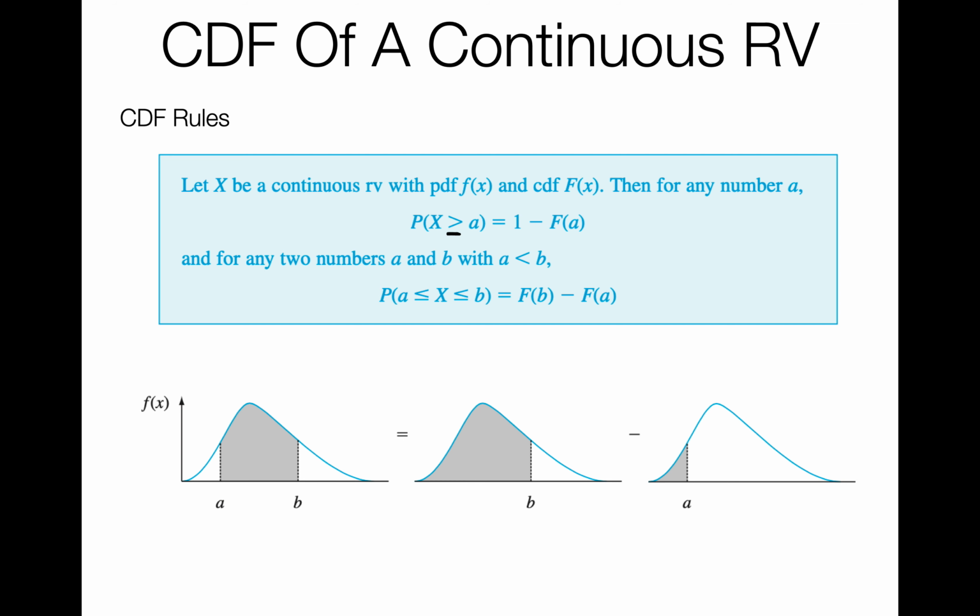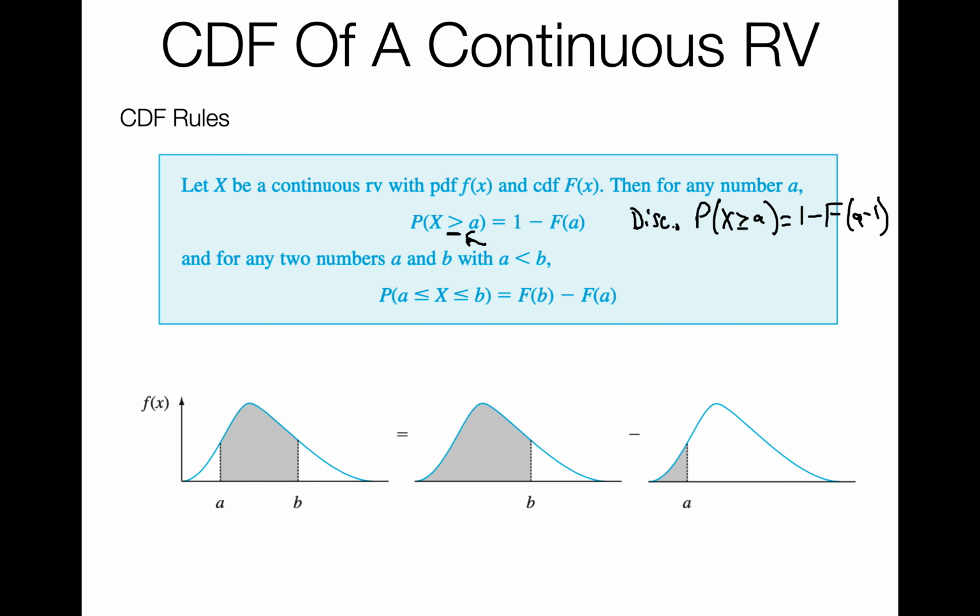This is in contrast to the discrete situation, where the answer would have been 1 minus F of a minus 1. Right? Because the equals made a difference there. Now it doesn't.